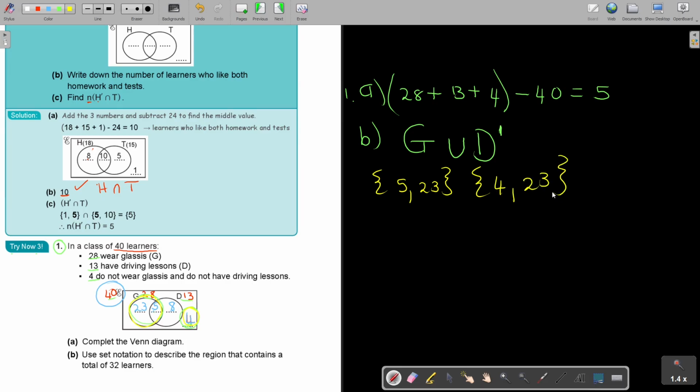But remember it's a union, so if I don't repeat elements, it's going to be 4, 5, and 23. If I add that up, that's 28 plus 4, which gives me a total of 32. That n of that set will give me 32 learners. So you were asked to describe the region that contains that, and that's how you do it.